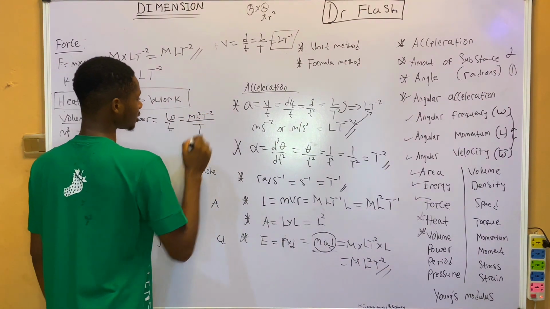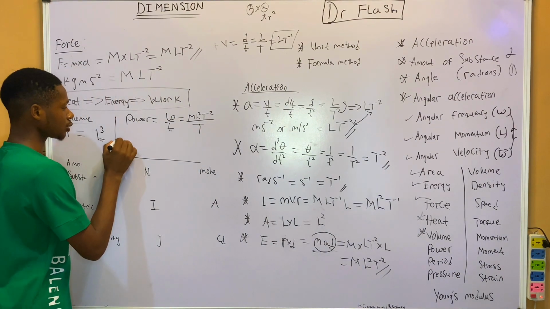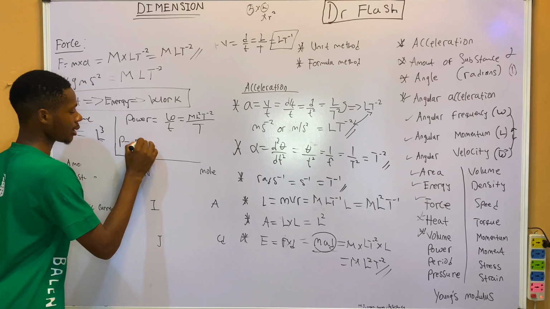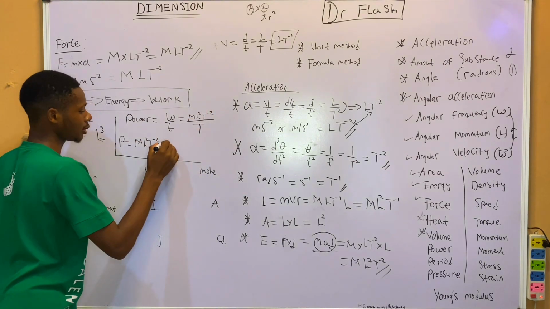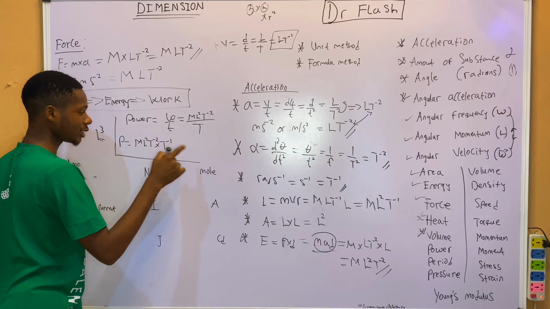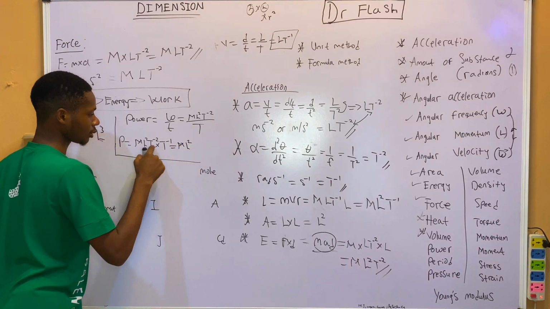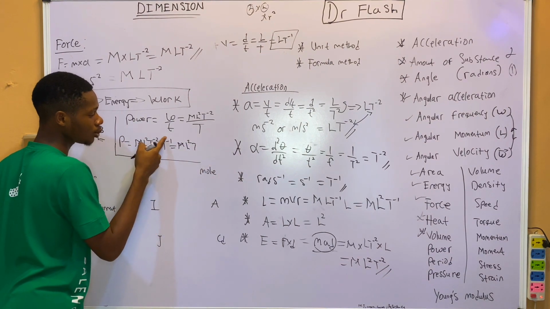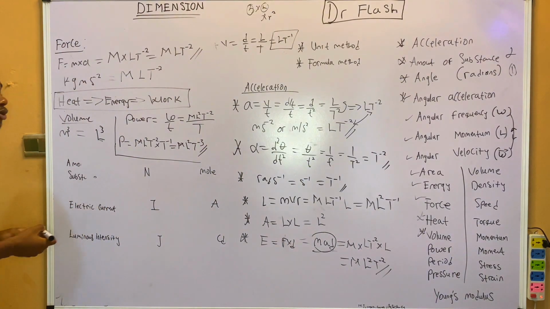Now time is T. So when we do the math, we take that upward. That gives us power equals ML²T⁻² times T⁻¹. Now simplifying this using the laws of indices, we get ML²T, now -2 minus 1 is -3. So this is the dimension for power, ML²T⁻³.